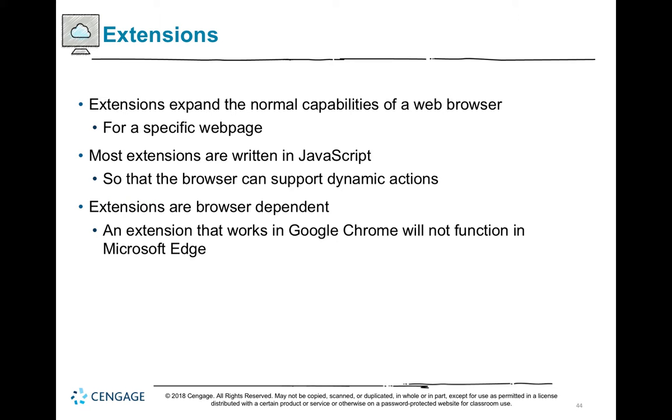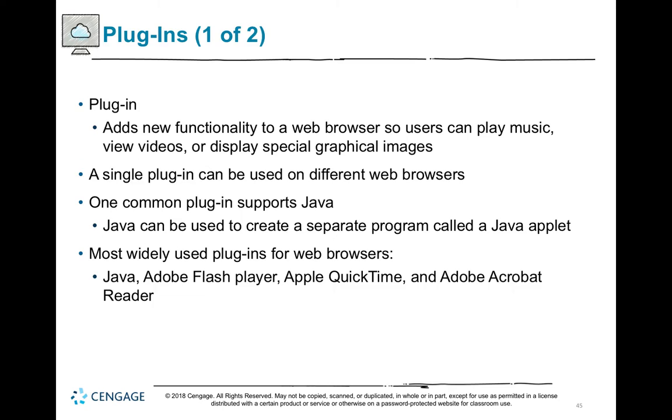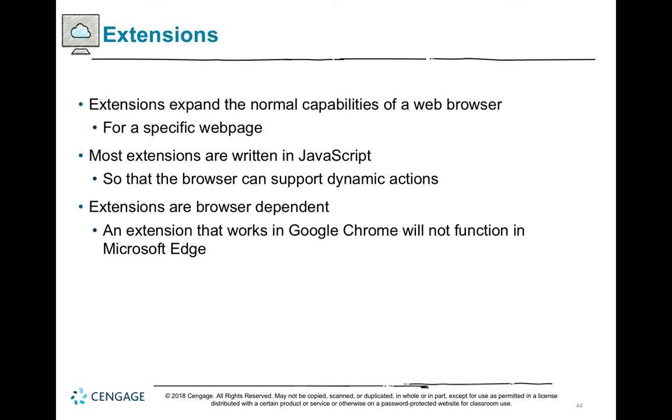JavaScript can be used maliciously, and can capture and remotely transmit user information without that user's knowledge. That script can be implemented in the browser through extensions. Browser extensions expand on the normal capabilities of a browser.